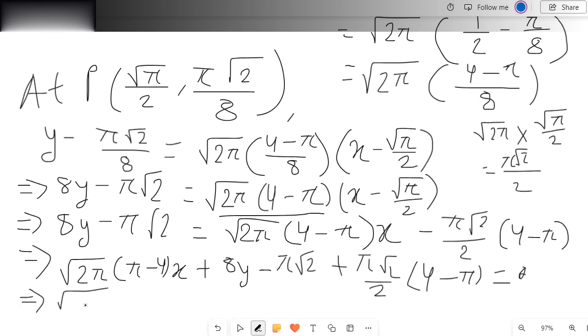So we have root 2 pi multiplied with pi minus 4 x plus 8y, and taking a common factor of minus pi root 2, we should have the fraction pi minus 2 by 2 is equal to 0.